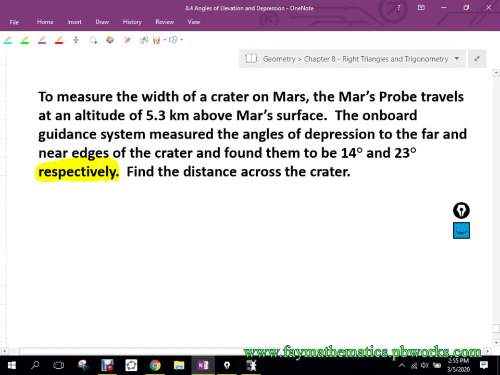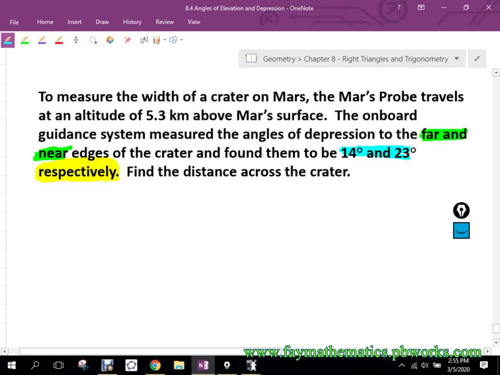So there are two things happening here. They're giving me phrasing of far and near, and then they're giving me values for angles of 14 and 23. Well, far comes first, or 14 comes first, so far and 14 go together.